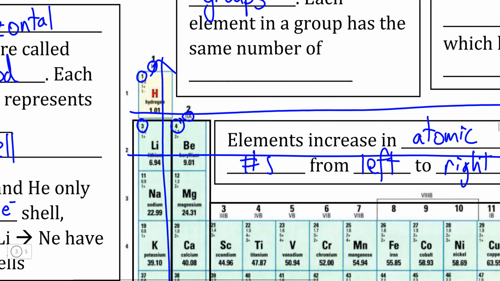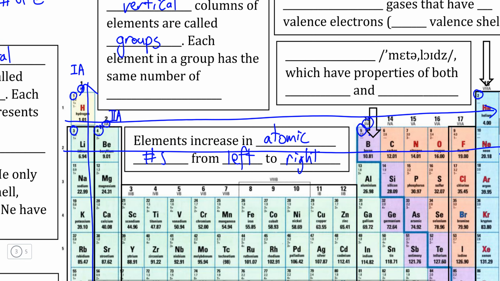So the group technically speaking, containing lithium, sodium, potassium is Roman numeral 1A, so we would call this group 1. Then the group containing beryllium, magnesium, calcium, etc. has a Roman numeral 2A, so we would call this group 2.